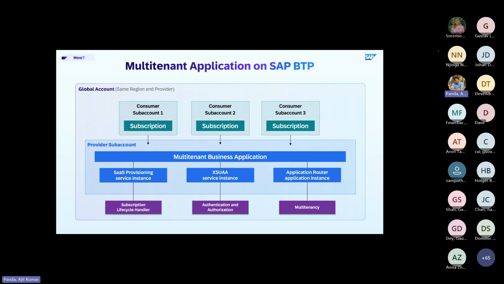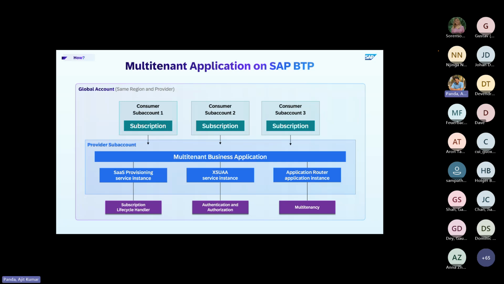Now the application itself uses the tenant-aware application router and the access UI service instance to authenticate business users of the application at runtime. Simply, this application router and the access UI instance work together to determine who is the consumer, basically which user from which sub account is trying to access the application, and what the tenant details are, right?